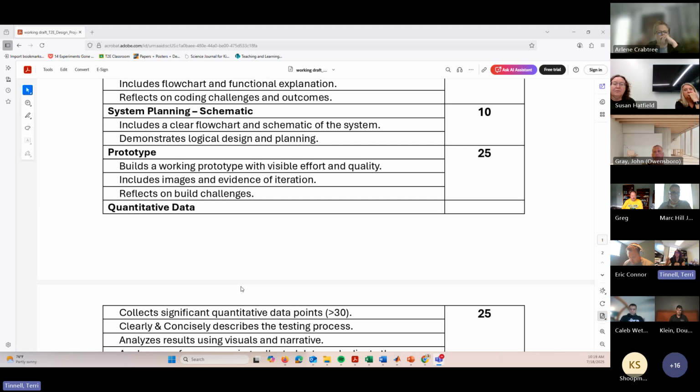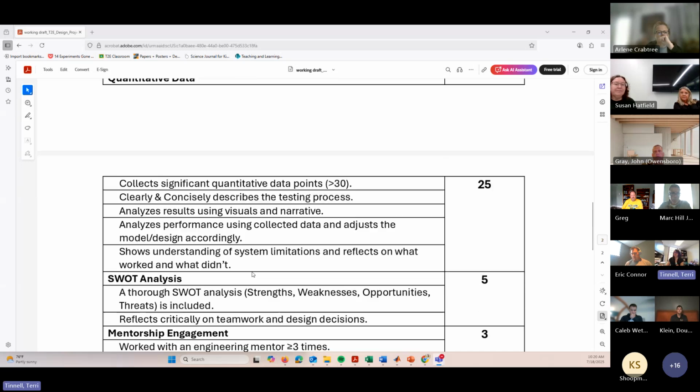Like if I build a working prototype, check, I'm going to get all of those 25 points. What we're trying to communicate is that if they have a prototype, does it help in their ability to justify the concept that they are trying to prove?